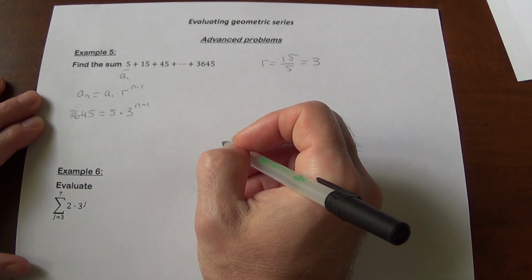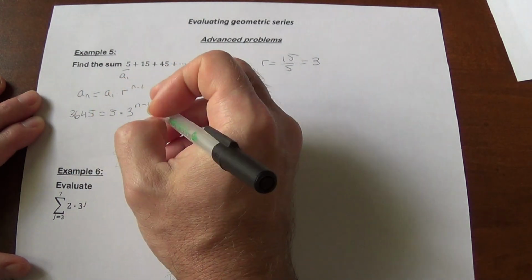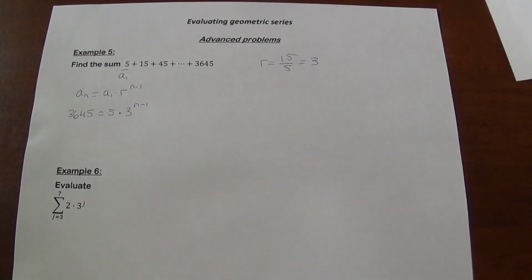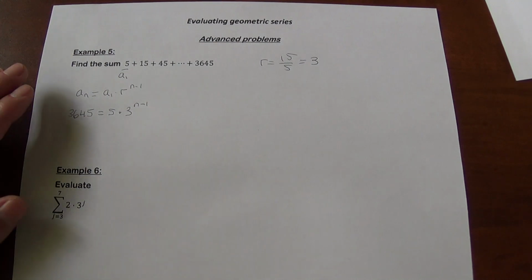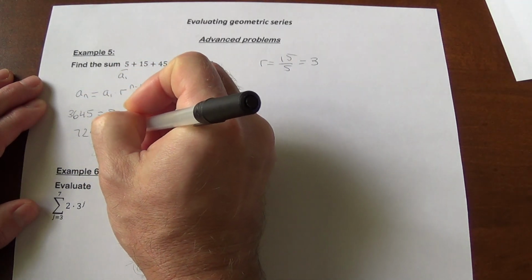Okay? So what we're going to do here is divide by 5 first. That's a fairly simple exponential equation. So 3645 divided by 5 is 729. So 729 equals 3 to the power n minus 1.